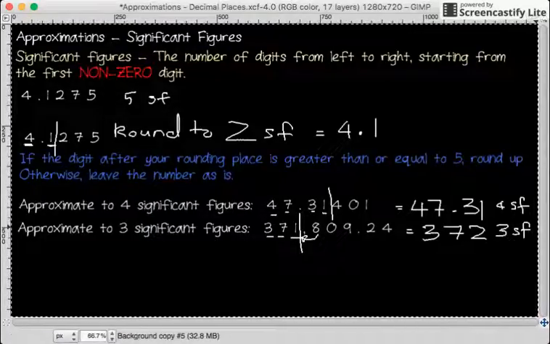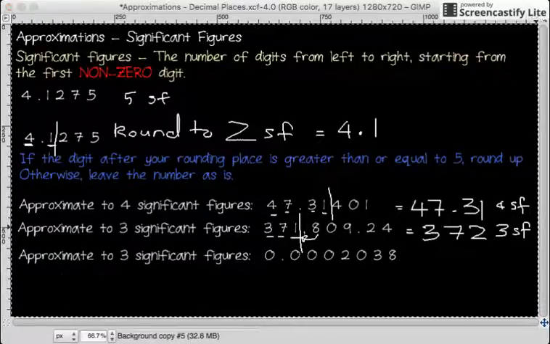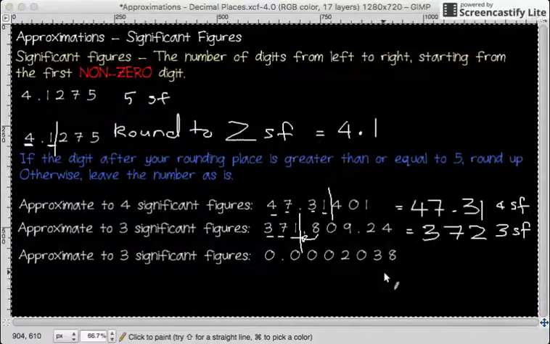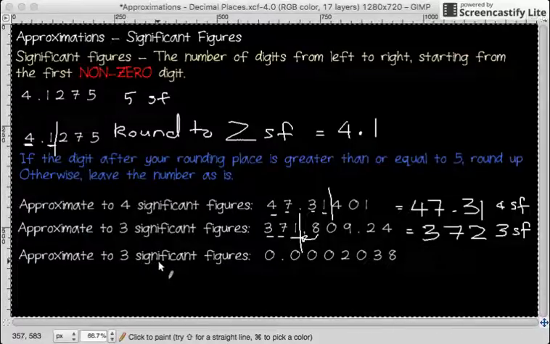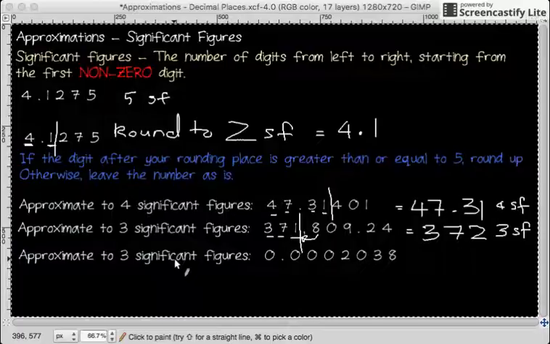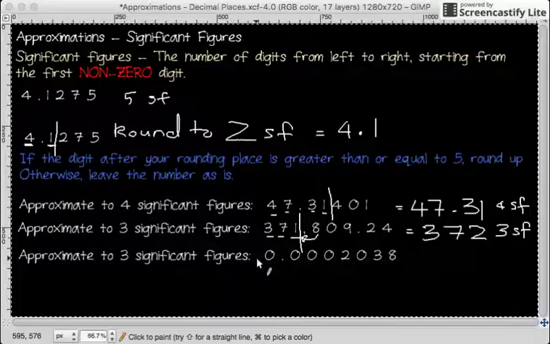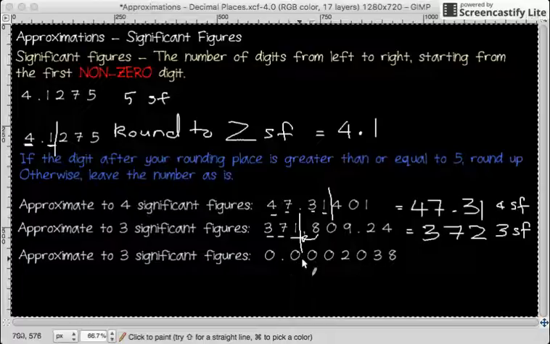Try another couple more examples. What about this one here? This one's going to be a little trickier. Again, approximate to 3 significant figures. And remember now, though, when we're counting, we're going to count from the first non-zero digit starting from the left. So what do we have? Is that non-zero? No, that's 0, 0, 0, 0.